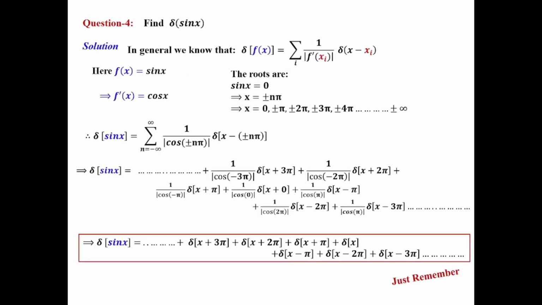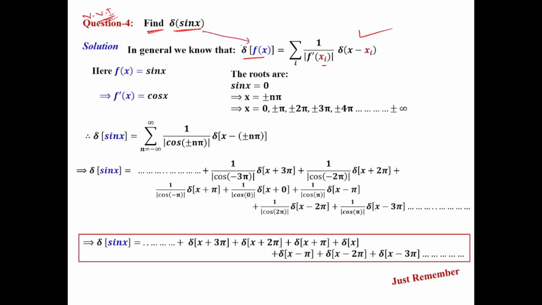Okay, now we are going to go for another question: find delta(sin x). This is very important, very important. In general, what we know from the 7th and 8th property, we know delta f(x) equal to this much, where ξ are the roots.